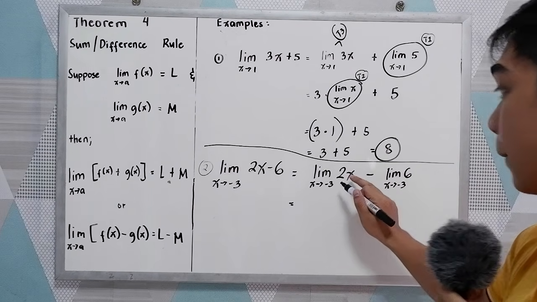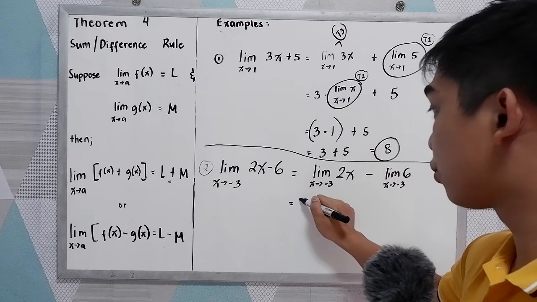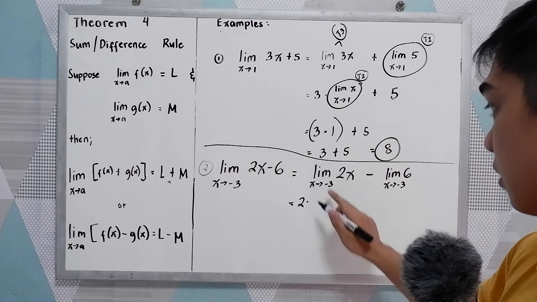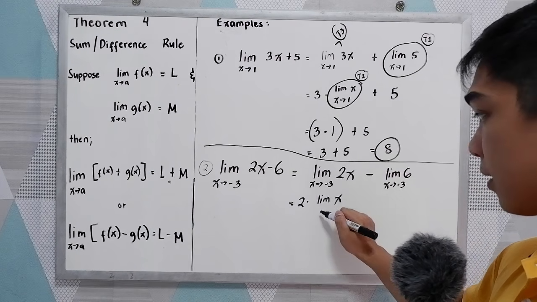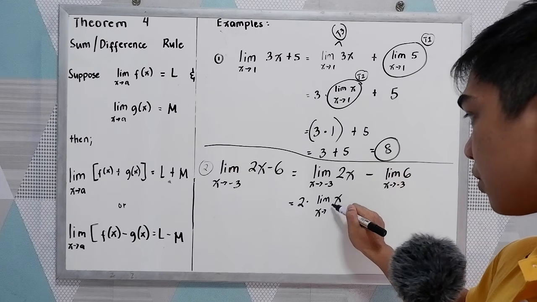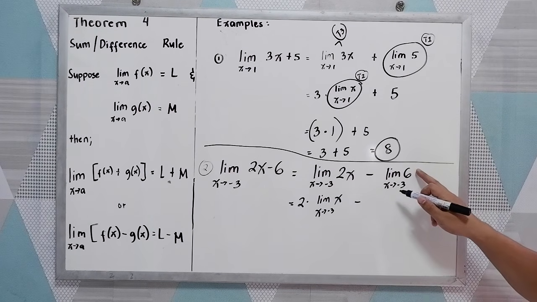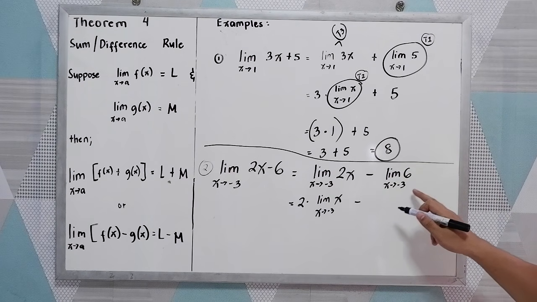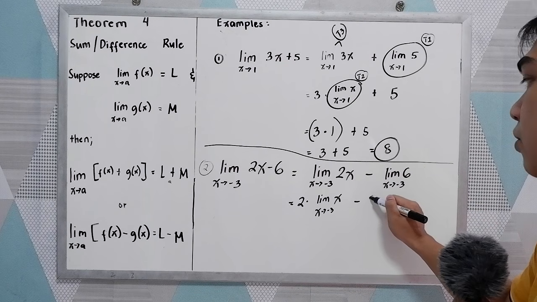Now, applying theorem number 3, we have 2 times the limit of x as x approaches negative 3, minus, we need to use theorem number 1, that is equal to our constant, which is 6. So 6.